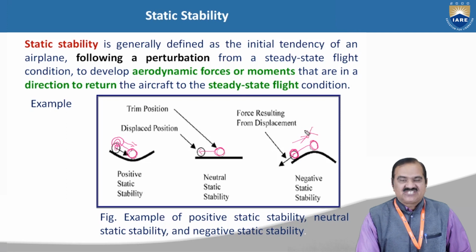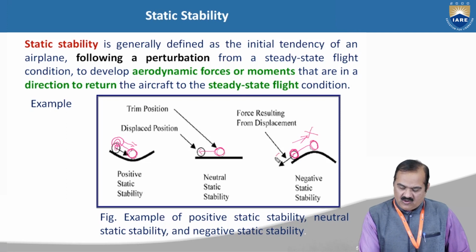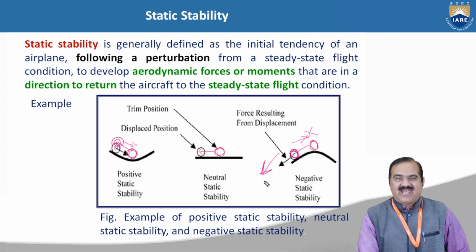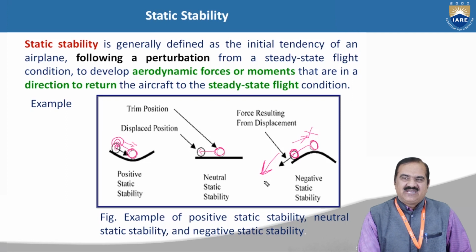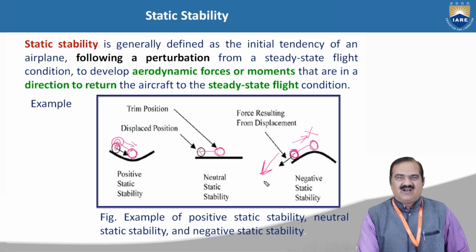It is not going in this direction, but it will go away from its new location. It will not revert back to its original position. So it is known as negative static stability, or instability. This is the instability case in which it will not come down to the original position. We have the three types of stability.